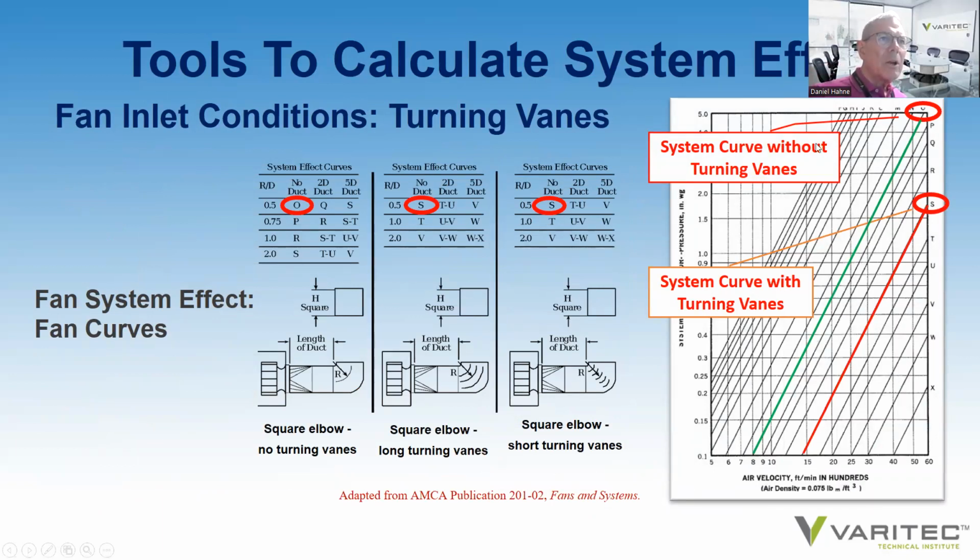And if we look here, look at the differential of which fan system effect curve needs to be utilized for a system that does not use turning vanes at a transition before the effective duct length. It is significantly greater than a transition that has turning vanes, even if it does not reach a distance of being beyond the effective duct length of that fan.